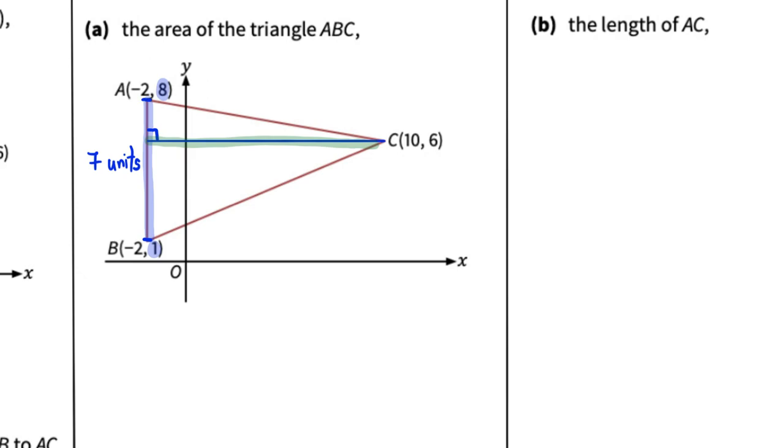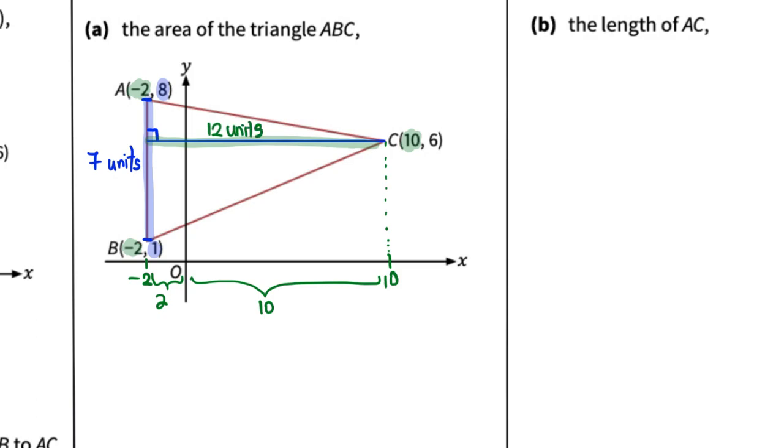So from C, which is 10, and be it point A or point B, since this is a vertical line, I would have from negative 2 to 10. How many units are there? Here is 10 units, here is 2 units, so total is 12 units.